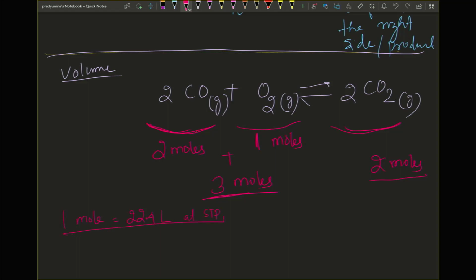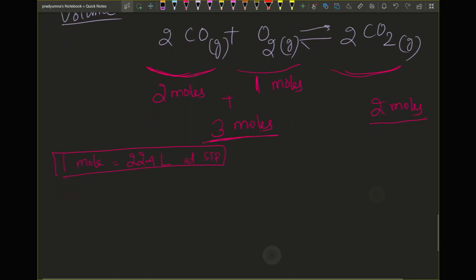That's the molar volume. So think of it this way: you have 3 moles of gases packed in a small volume, or 2 moles of gases packed in a small volume. Which side will be happier? Like you have more people packed in a small room or less people packed in a small room. Who would be happier? Obviously less people, right?